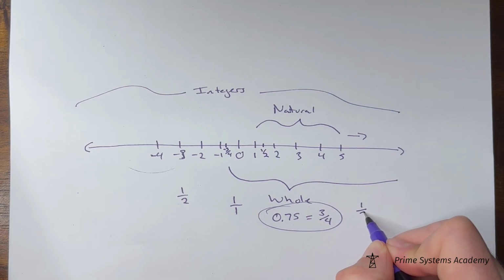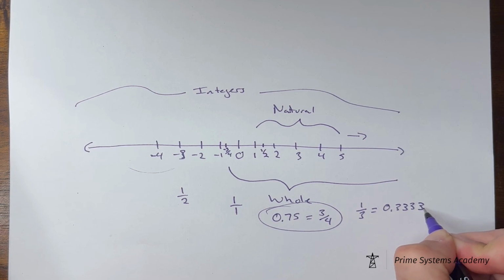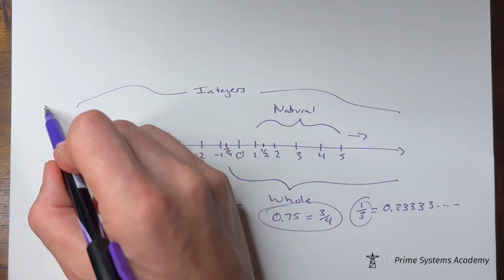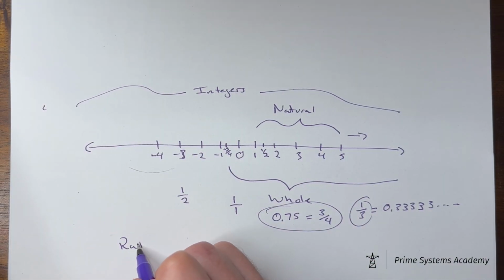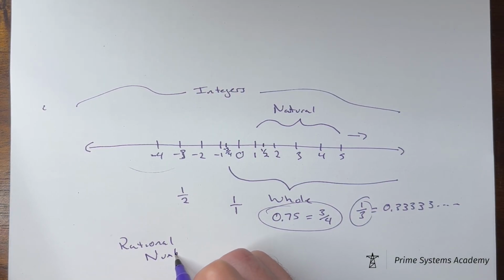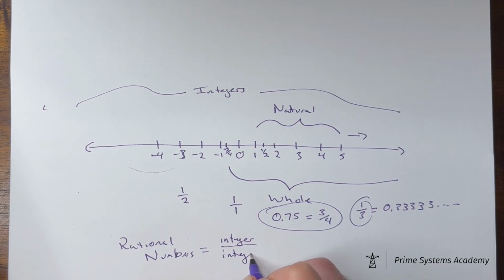Or 1/3 is the same as 0.33333 repeating. So this can be represented as a fraction with 2 integers. So that's also a rational number. So now we got rational numbers, which is an integer over an integer.